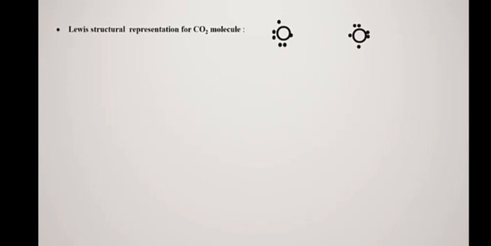Lewis structural representation for the CO2 molecule. This is the carbon atom that has 4 valence electrons, as you see here. Here there will be sharing of a first pair of electrons with the oxygen atom that has 2 single dots. This is the first single dot here, this is the first single dot here for carbon, sharing the first pair.